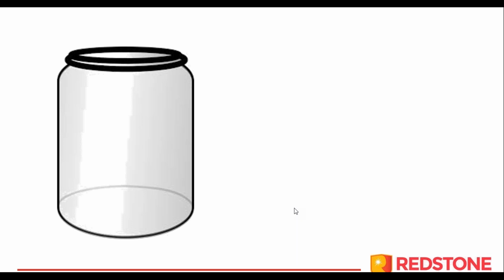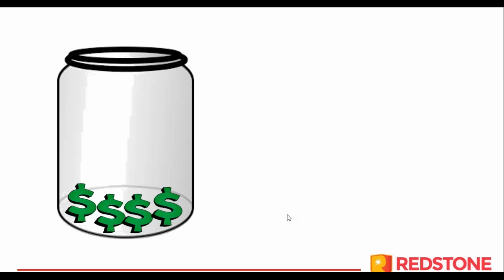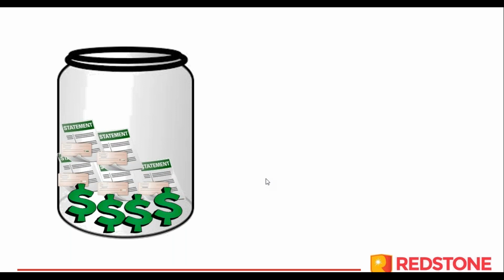So this jar represents our capacity or our income. So let's say we get paid and we want to go out and spend some of that money, make ourselves feel better, go out to eat, buy something new. We go out and we do that. And then we're like, oh, hey, yes, I have to pay that rent. So we're still doing that, or the mortgage, pay the utilities, buy some groceries, pay some of my other bills.